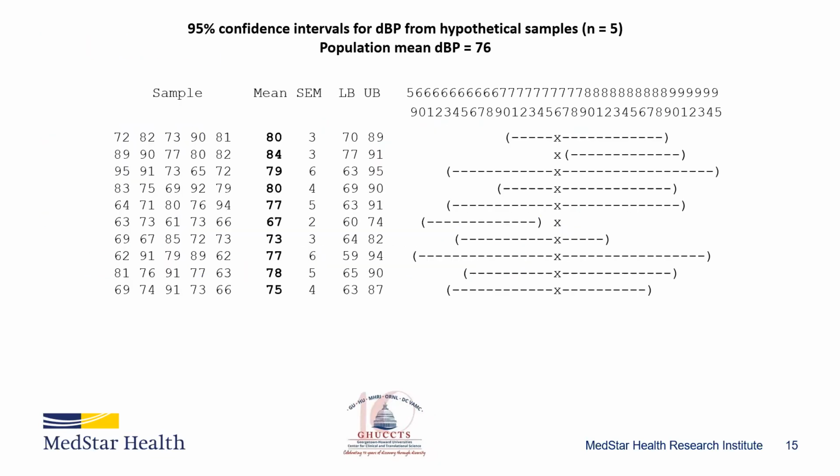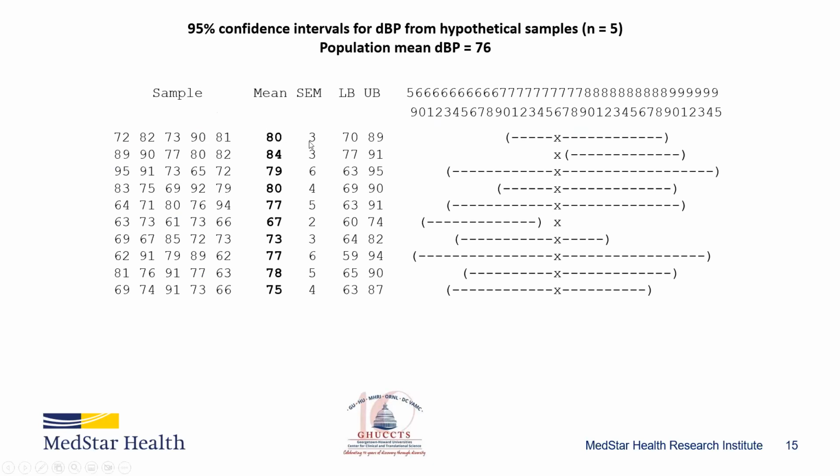Okay, so let me further illustrate this by taking some samples from our population of blood pressure values, and we're going to calculate the mean of each one, and then we're going to calculate a confidence interval around this mean.